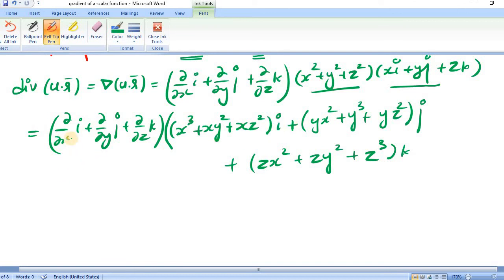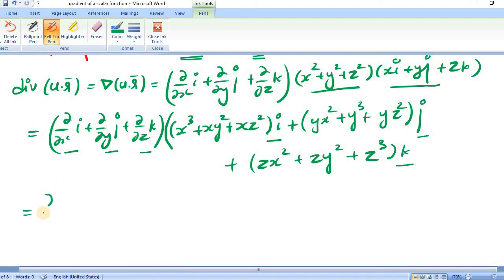So now we need to perform the product of these two. As we can say, the i term will be multiplied with i term only, and j term will be multiplied with j term only, and k term will be multiplied with k term only, and all these will give i dot i will be 1, j dot j will be 1, and k dot k will be 1.